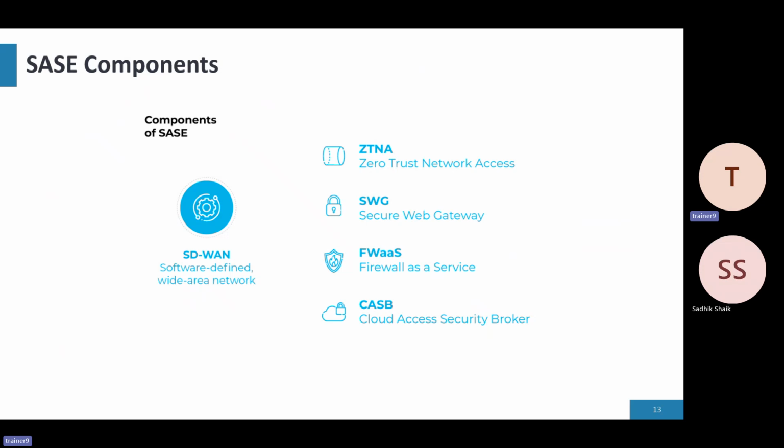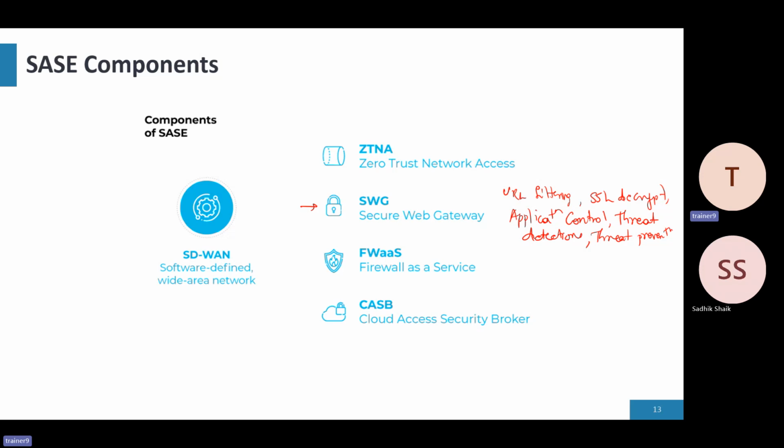Now, one of these components is your SWG, your secure web gateway that we have seen, wherein it will be doing a lot of URL filtering, SSL decryption, the entire application controls, threat detection, and threat prevention, right? All of this is something I will do in my SWG layer. Then you also have firewall as a service.